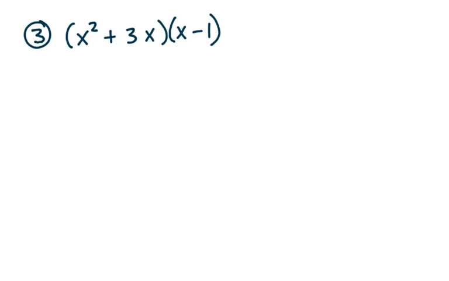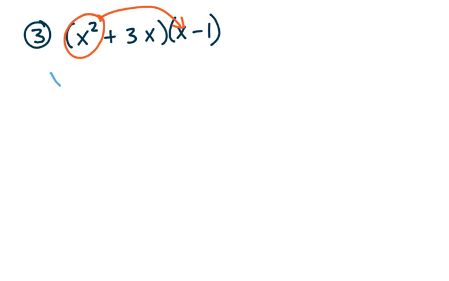For my final example, just to mix this up a little bit, I will show you using our double distribute method that we've talked about previously. So remember, when you're double distributing, we are going to be taking each term of our first binomial and distributing it to each term of our second binomial. So we'll start off by distributing my x squared to my x.